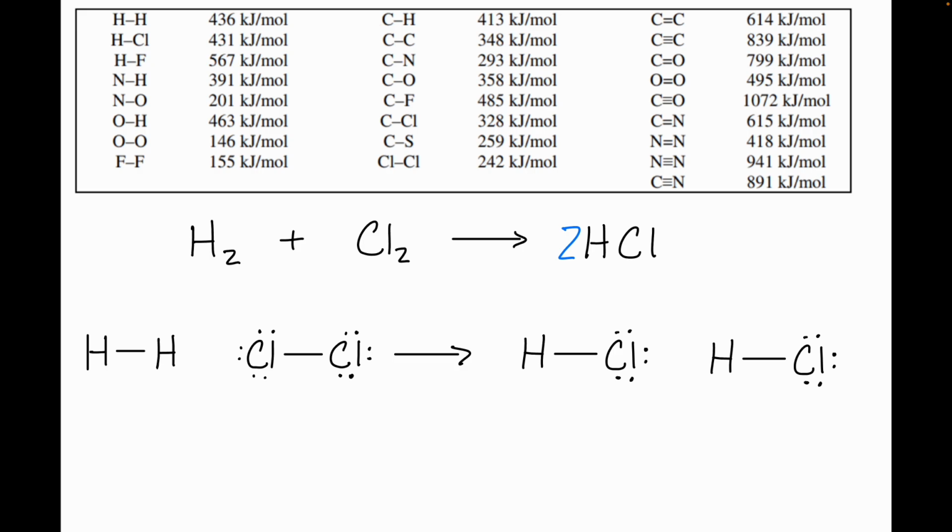All right, and what we need to do is play this game where you tell me which bonds have been broken over here on our reactant side and which new bonds have been formed over here on the product side. You're going to play the spot the difference game here, right? What bonds do I not have on the product side that were there on the reactant side? What new bonds do I have on my product side?